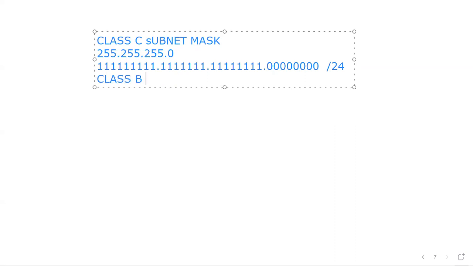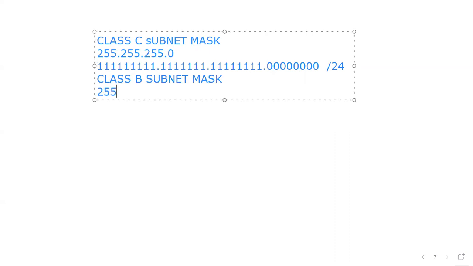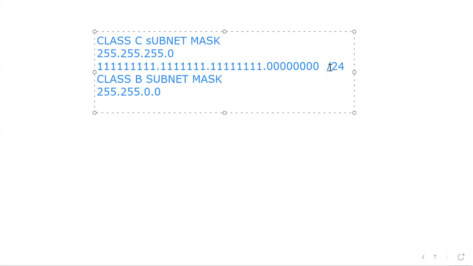Class B subnet mask is 255.255.0.0, which we can write as /16.